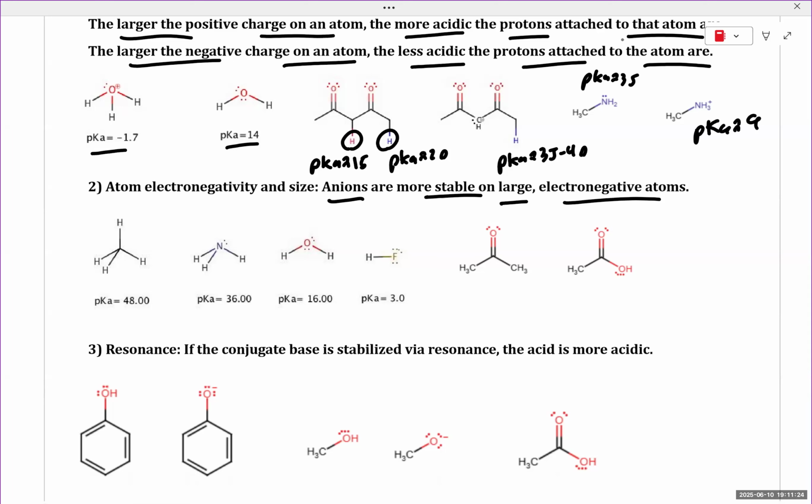So for example, if we compare a ketone, which has a pKa of somewhere around 20, to a carboxylic acid, which has a pKa of around 4, as we can see, if we look at the conjugate base anion, placing this negative charge and electron density on carbon is much less stable than having an anion with the electron density on the more electronegative oxygen. The carboxylate anion is more stable.